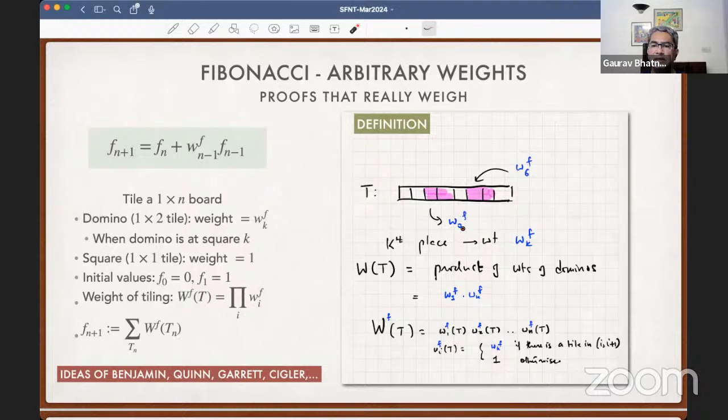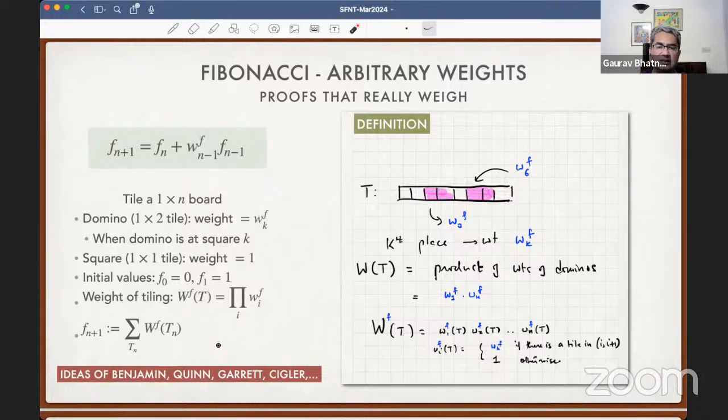Same thing: instead of q raised to the power 3, we have small w raised to small w sub 3. I put an f to indicate there is a Fibonacci number here, and capital W is the weight, the product of the weights of the dominoes, and f_{n+1} is the sum of all the weights. So the weight of a tiling is the product of the small w's.